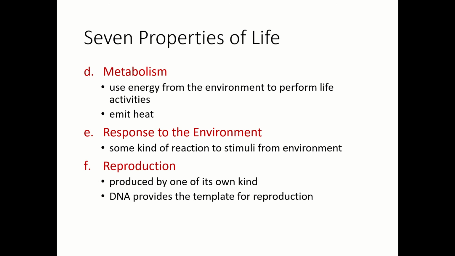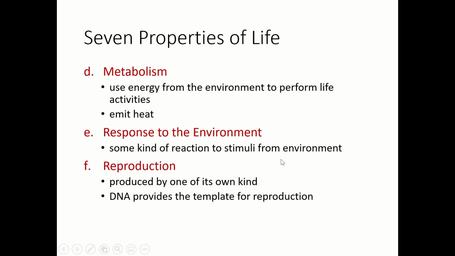Reproduction. Now, we often teach this as being able to make more of your own kind, which is true, but then we get into a really weird thing when we start talking about some hybrid organisms, such as a mule, which is a cross between a donkey and a horse, and a mule is sterile. It can't create another mule by mating with a mule. The only way you get another mule is by crossing a horse and a donkey.